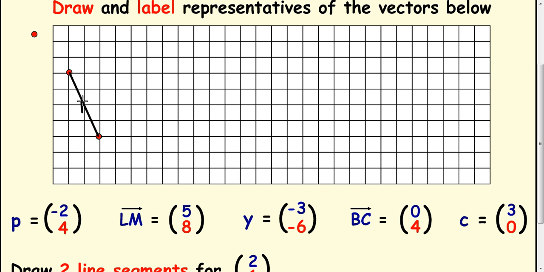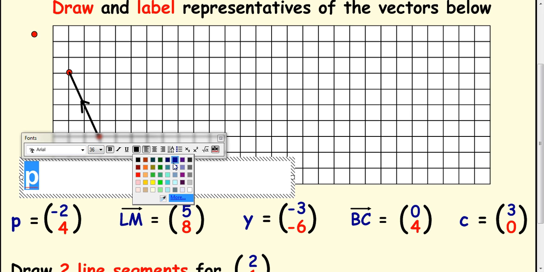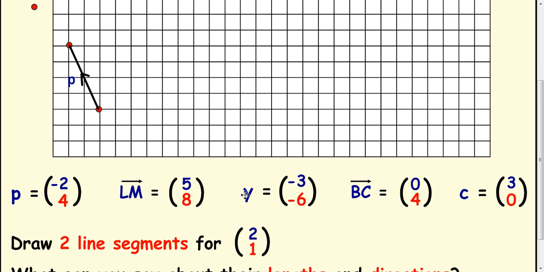And we're going in that direction there, and you could label that as P. I'll put it as bold, but you guys would underline in your jotters. And you can do all the other ones exactly the same.